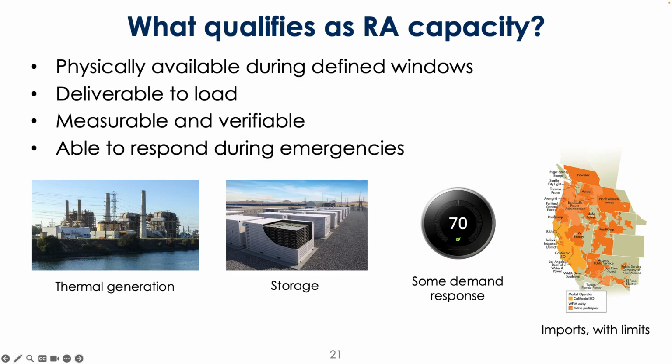The qualifications there are a little more stringent because there are particular requirements you need for RA, right? And then imports with certain limitations can actually act as RA capacity.